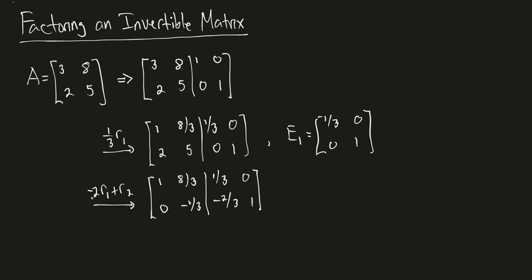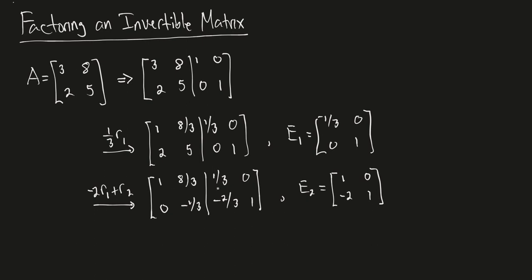So now let's write down the elementary matrix that corresponds to this operation. Now it's not this one here. This is the result of performing these two operations on the identity. So what we have to do is think back to what the 2 by 2 identity is, perform this operation with it, and then you'll see that E2 is the elementary matrix 1, 0, -2, 1, right?